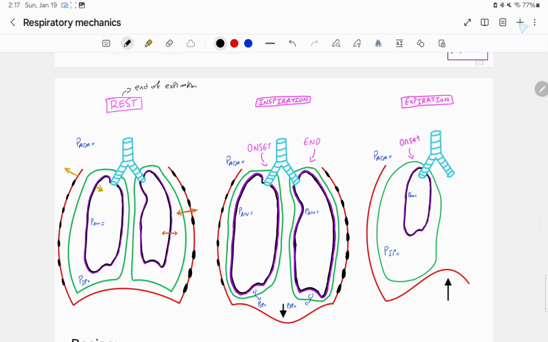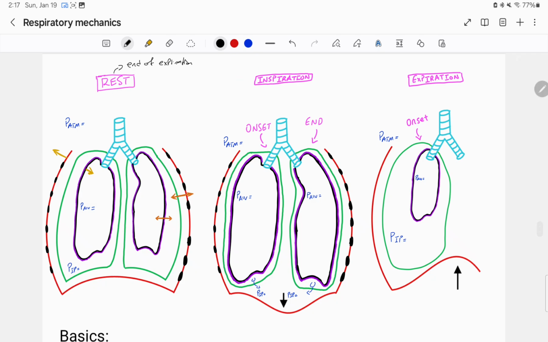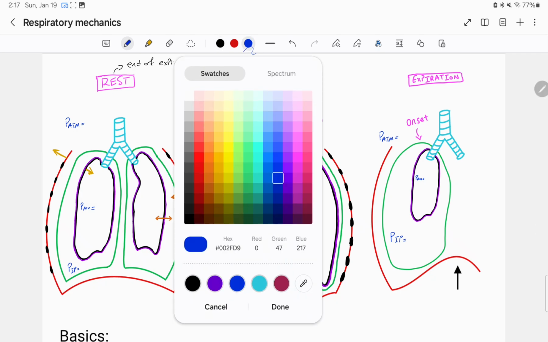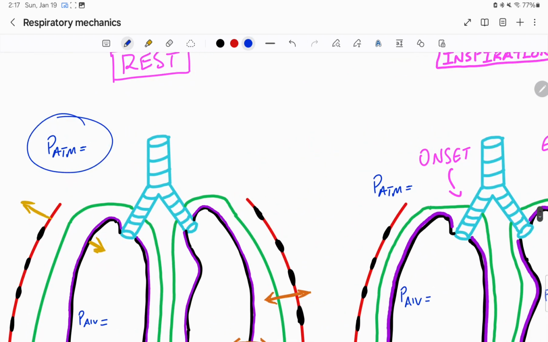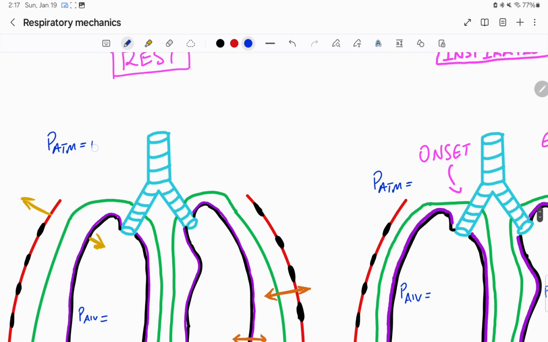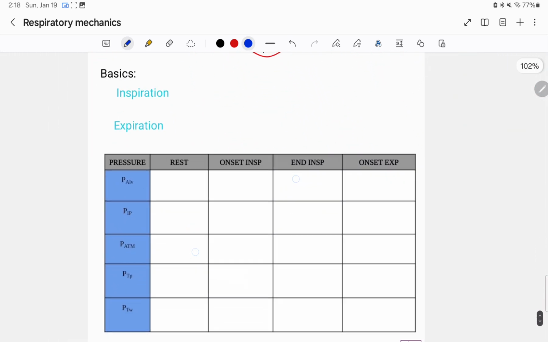Okay, let's get started. There's a couple of abbreviations that I'm going to introduce here, because respiratory physiologists love their abbreviations, okay? So first things first, the pressure in the atmosphere is going to be depicted as big P for pressure, and then ATM for atmosphere, which in the last slide I told you is about 0 centimeters of water or 760 millimeters of mercury, okay?